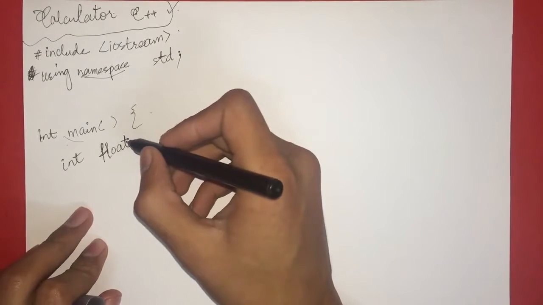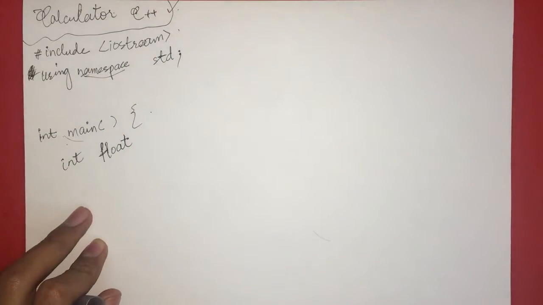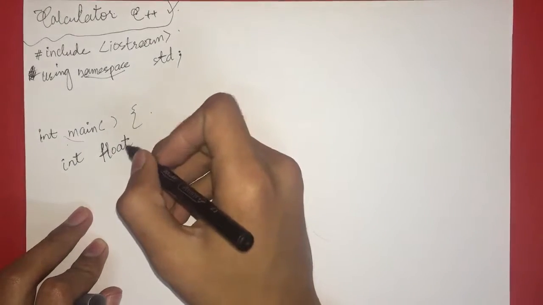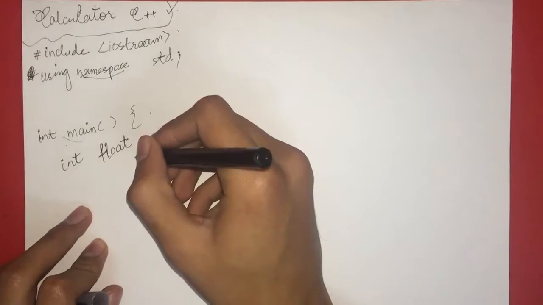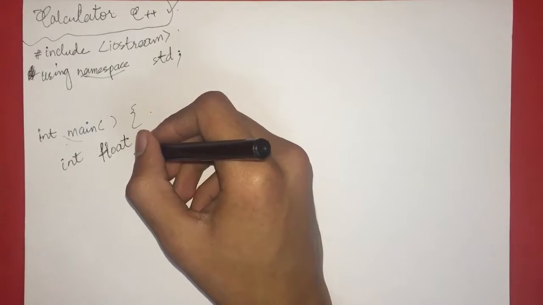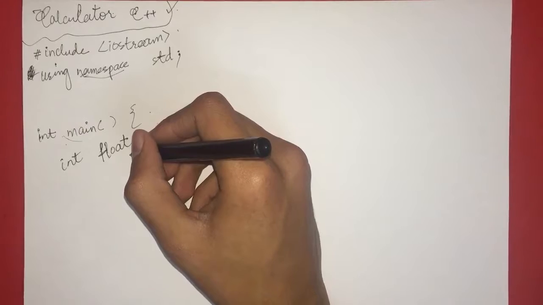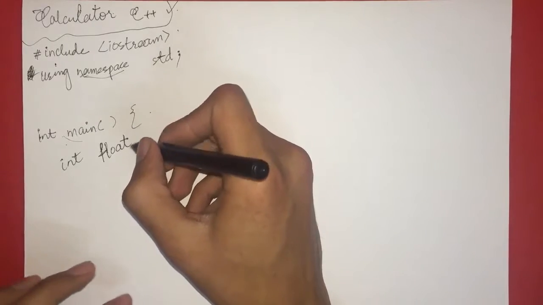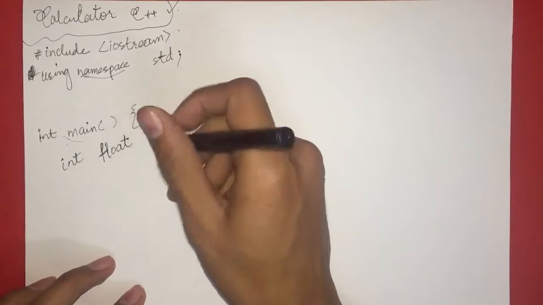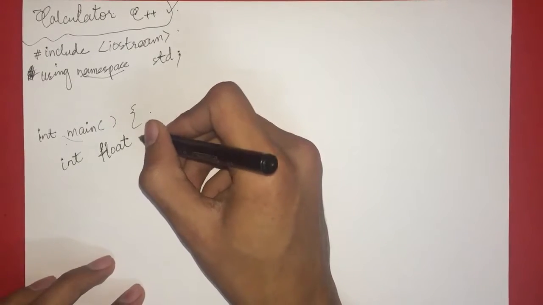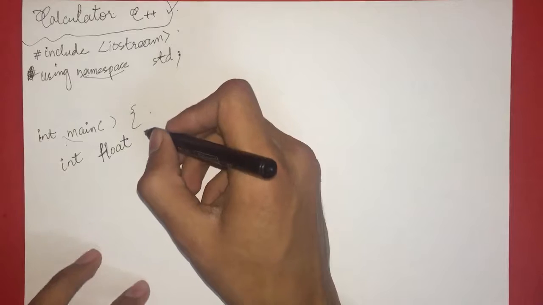So they are able to input decimal values, and they should get their answers in decimals, rather than just getting their answers in integers. So we use float, and we need just two operands.